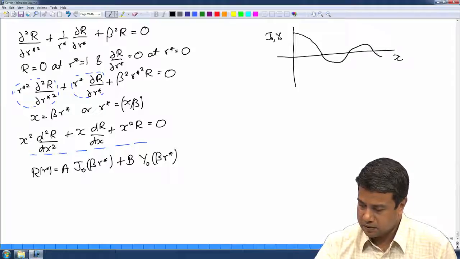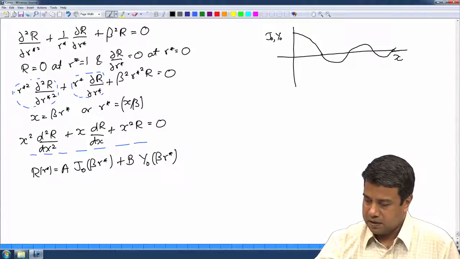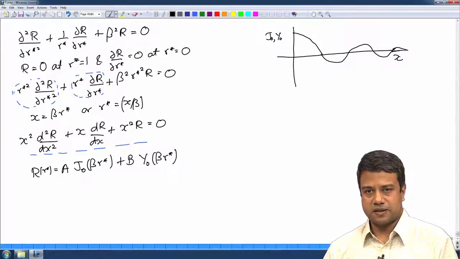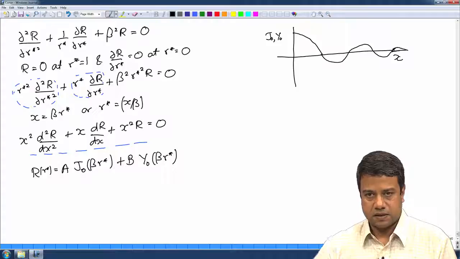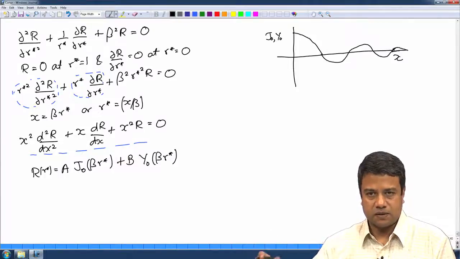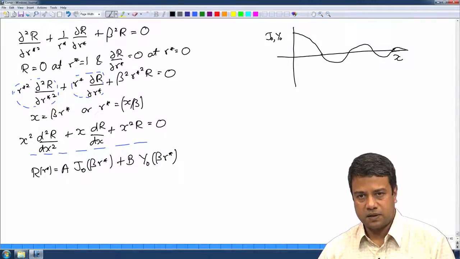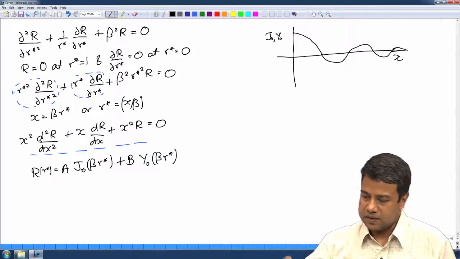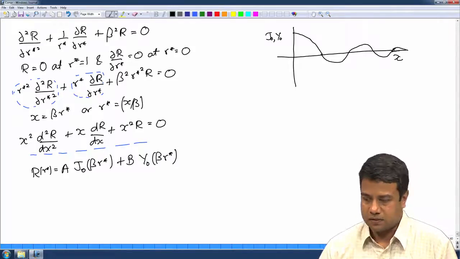It oscillates. The amplitude of the oscillation decreases and the distance between zeros also decreases as x increases. This is the equivalent of the sine solution that we had. The sine solution as well oscillated, but it had a constant amplitude. In the cylindrical coordinate system, this is the equivalent of that sine solution.